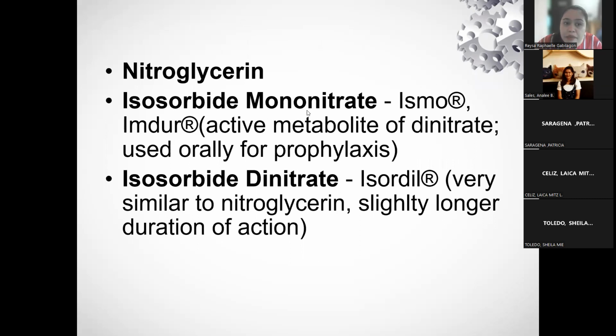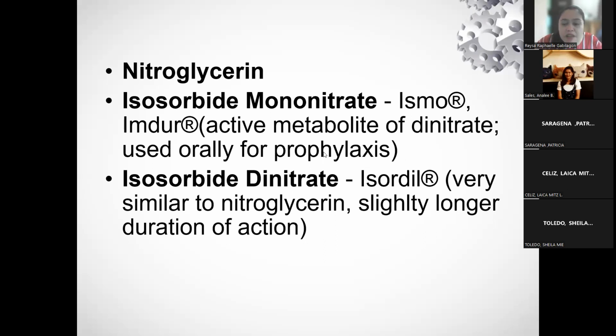We have the brand names here. The ISMO, or this one, I think is more common in the community, the Endure. Okay? So the isosorbide mononitrate is an active metabolite of the dinitrate. And we use it for prophylaxis.